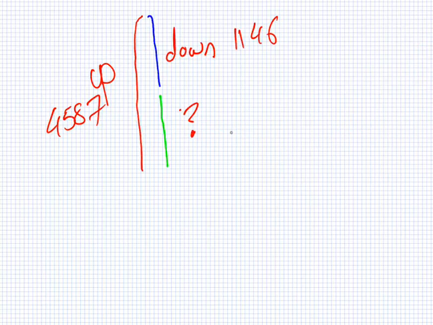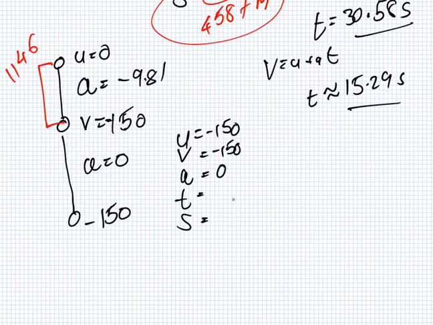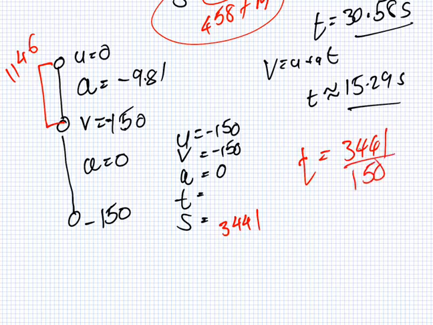And then for the last part of the journey, it goes from 150, but it stays at 150 until it hits the ground. It doesn't go any faster. So here there's no acceleration. So this is just a good old distance, speed, time triangle. I want the time, so that's distance divided by speed. But do I know the distance?